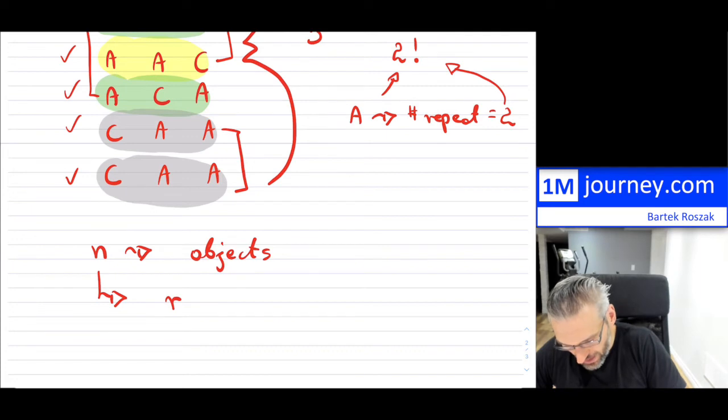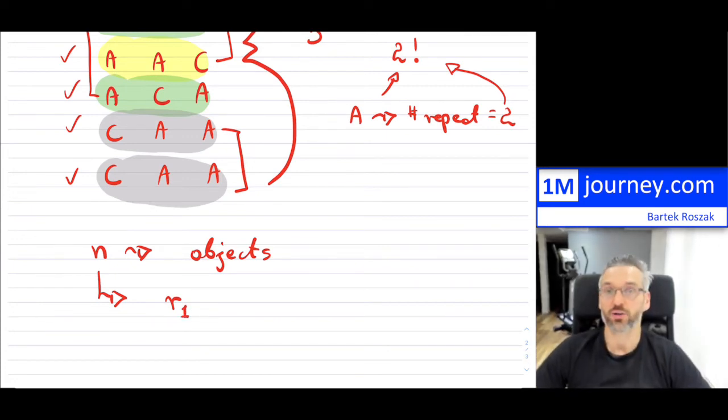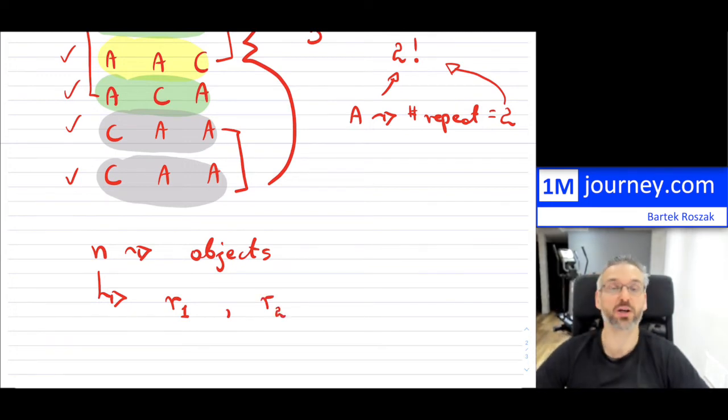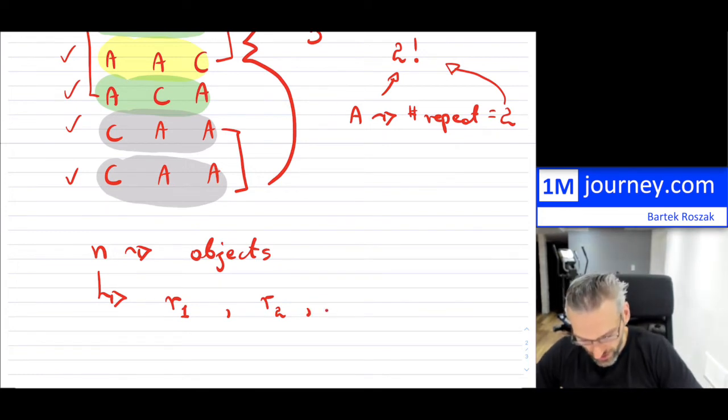So this object repeated R1 times. Now, it could have been 2, 3, 4. Now, you had another set of objects that repeated, maybe the same or different amounts, but they were different objects, but they also repeated. So you would have R2. And you can find all of the ones that repeated and how many times they repeated.